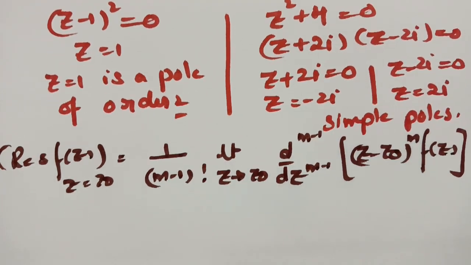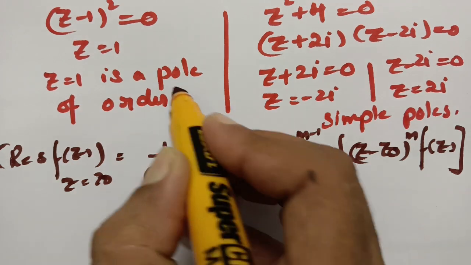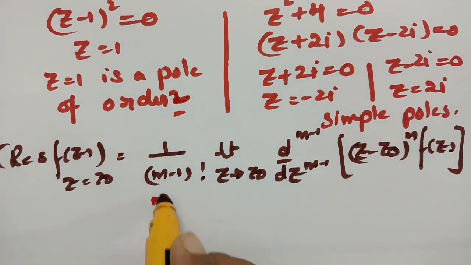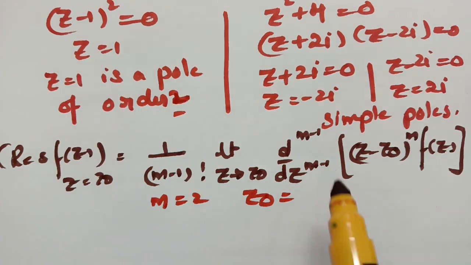So this is the formula. What is m here? m is the order value, m is equal to 2 here, and z naught value is the pole value, that is 1.